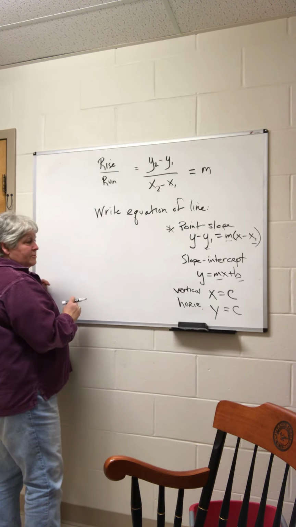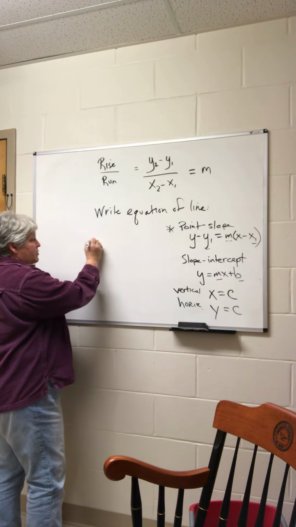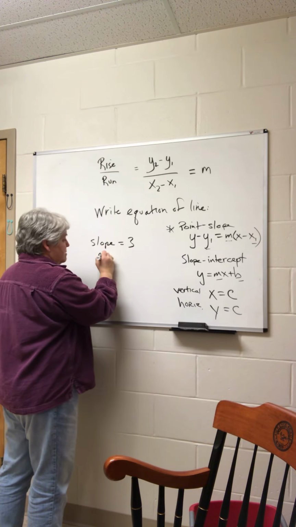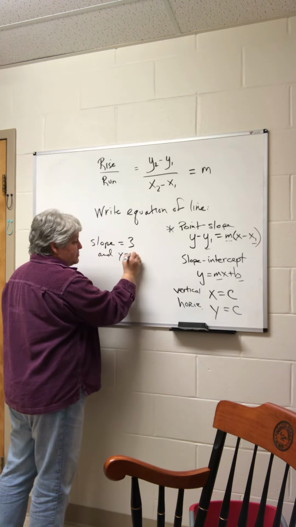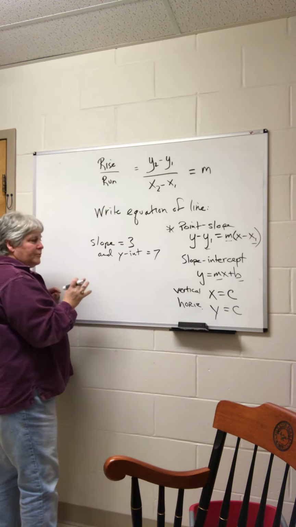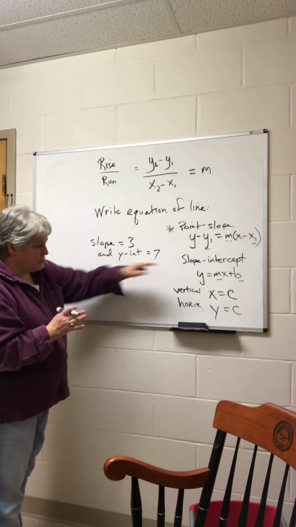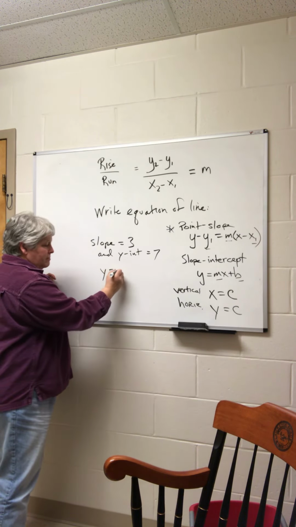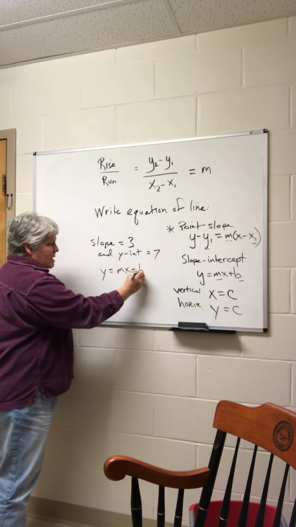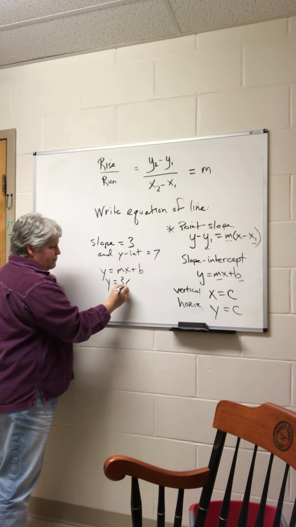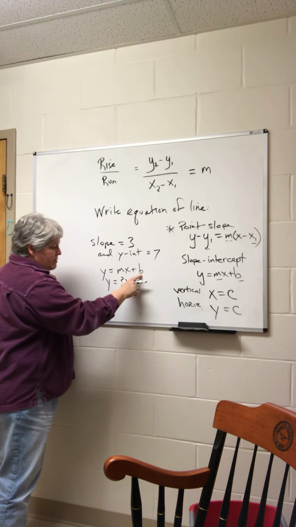The slope intercept form would be used if I gave you the slope equals 3 and the y-intercept equals 7. That's about the only circumstance that I use that, because I put the m right there and I put the b right there.